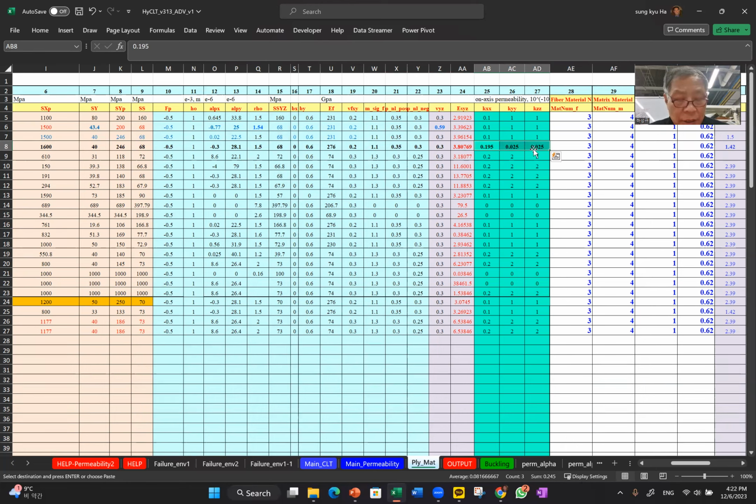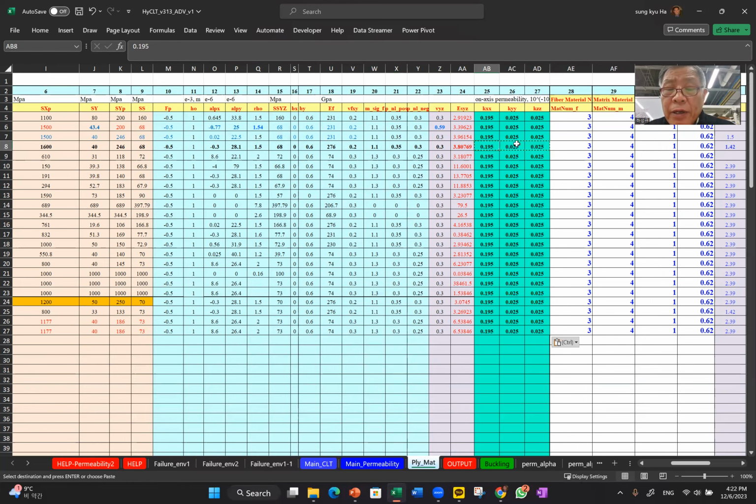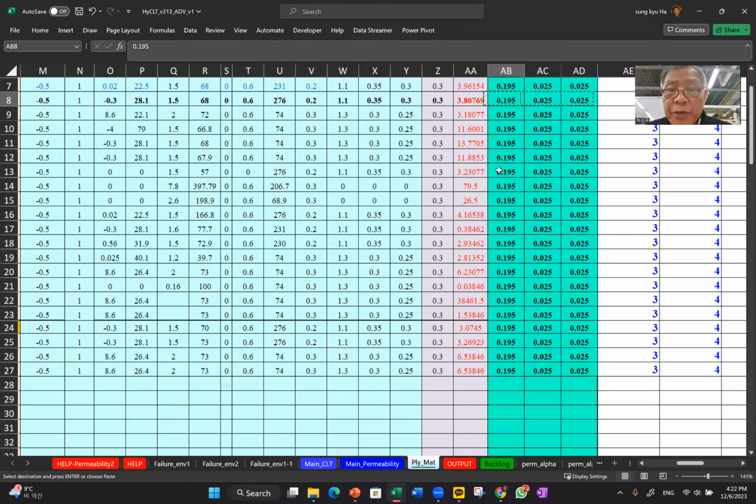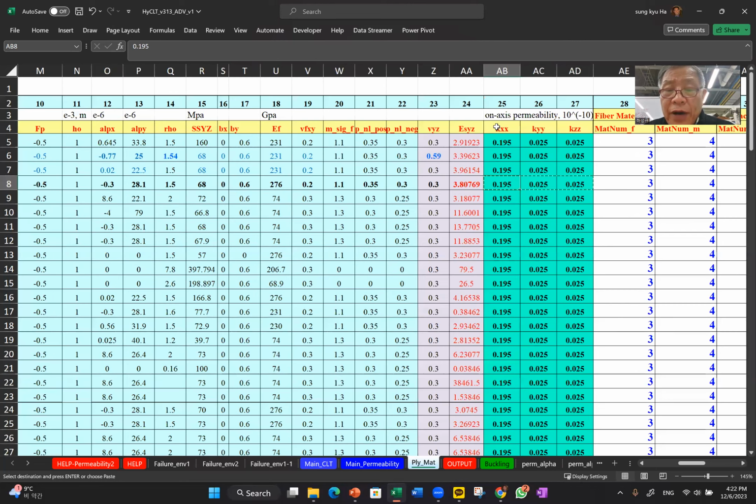I need to change this value to others as well, but this is a typical value. So please remember that flow in the fiber direction is faster than in the transverse direction, about 10 times. Okay, so this is the material property, and this is what we know.